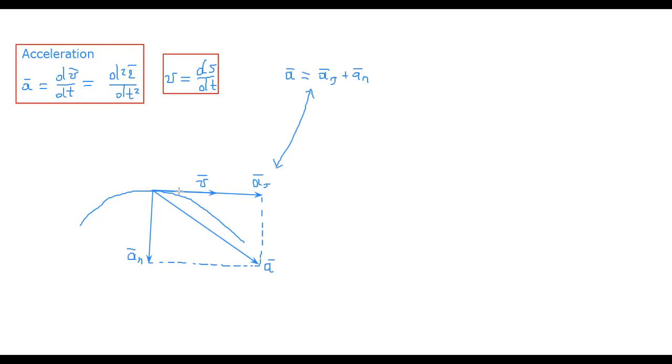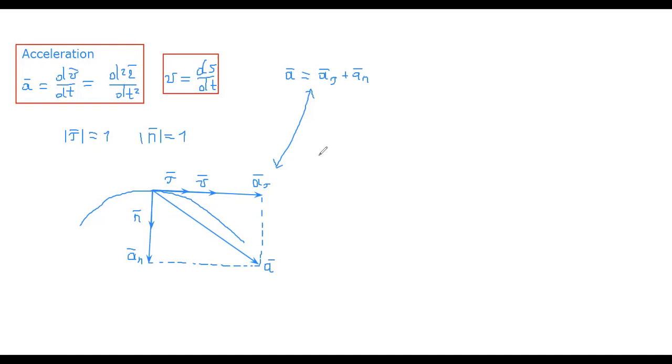Okay, and let's draw some words here. Unit vectors tau and n. Tangential and normal vectors. As you can remember, the absolute value of the tangential unit vector is unit. It is obvious, and the absolute value of the normal vector is also unit.